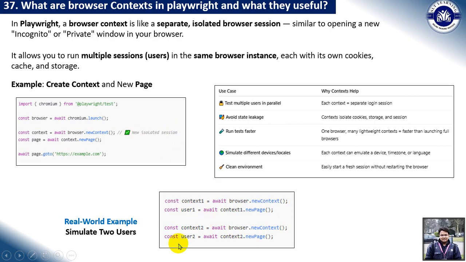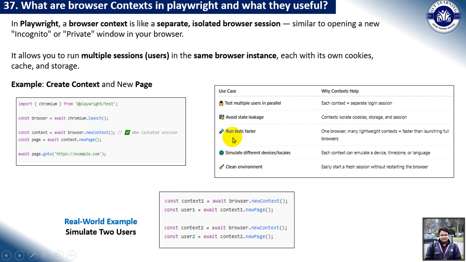This example we have already seen for two users: context 1 for user 1 and context 2 for user 2, each creating a new page. Use case for the browser context: test multiple users in parallel mode, each context with a separate login session, avoiding state leakage. You no need to worry about cookies, sessions and storage, they will be isolated for each and every context.